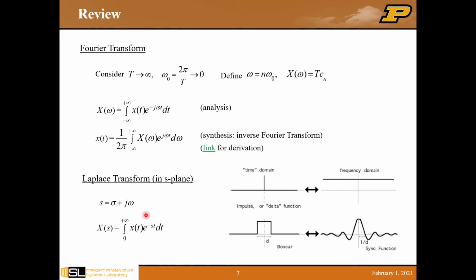If you compare this formula together, X(s) is equal to the integral of x(t) times e to the minus st dt, which is equivalent to the Fourier transform with j omega replaced by s. As I mentioned before, s is equal to sigma plus j omega.